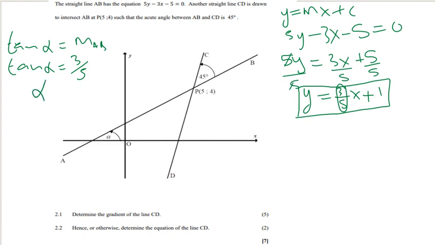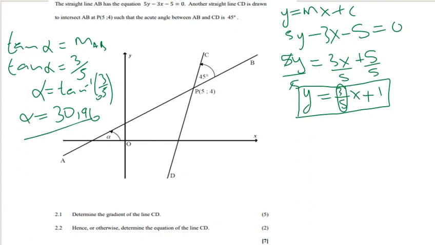So this means that alpha is equal to arctan of 3 over 5. Let me punch my calculator. Help me by punching yours as well. Okay, this is equal to 30.96 degrees. Let me just round it off to 2 decimals. This is this angle here.